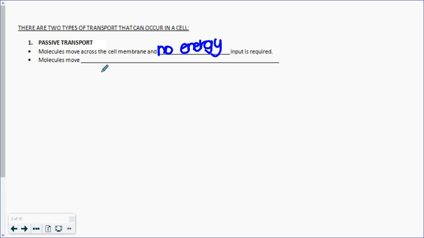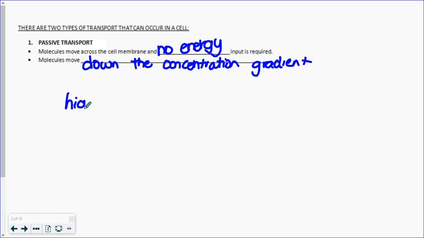So molecules move down the concentration gradient. So that's again going from high concentration to low concentration.